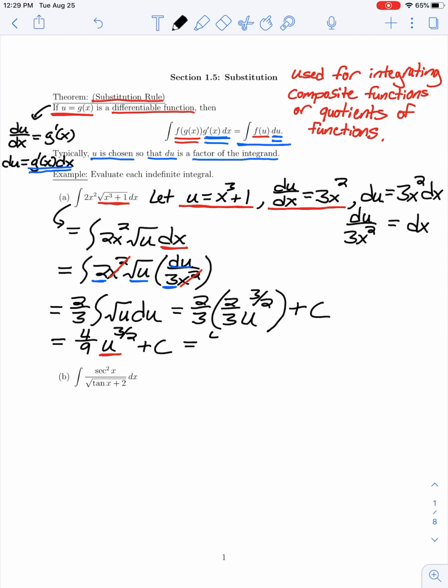So we have 4/9 times u, which was x cubed plus 1, all raised to the 3/2 power, and then plus some constant c.